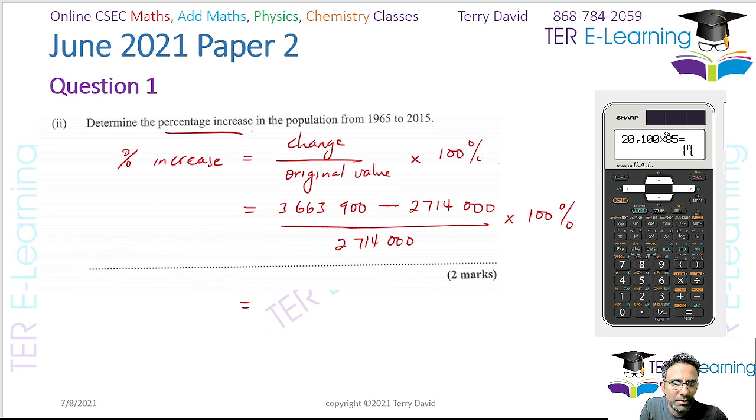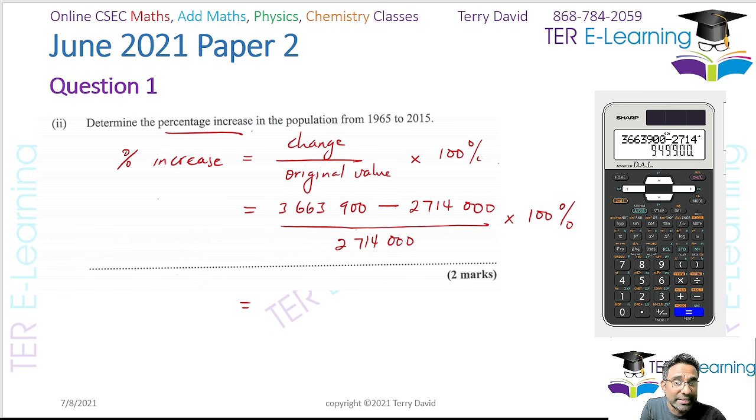So we have 3,663,900 minus my 2 million, so 2,714,000. I think I have an extra zero there. I get this number here.